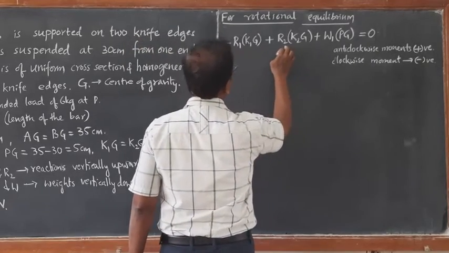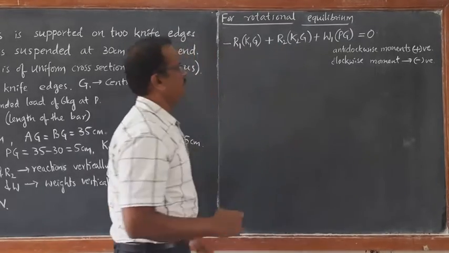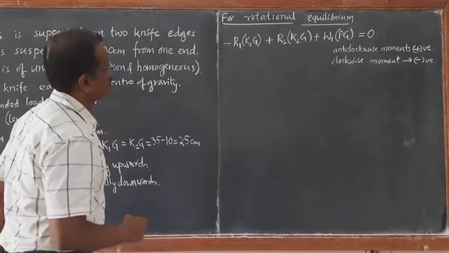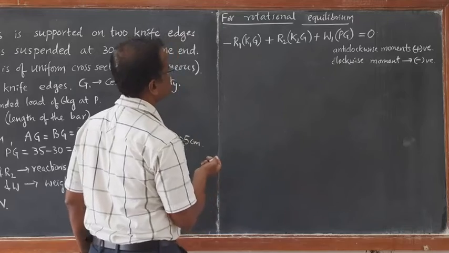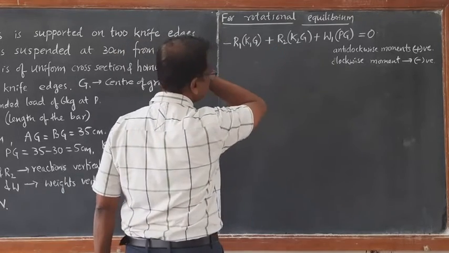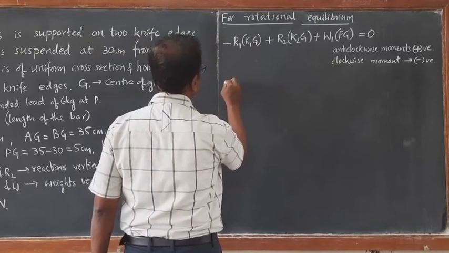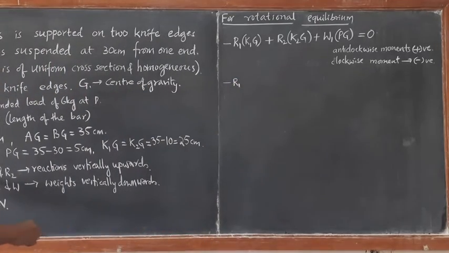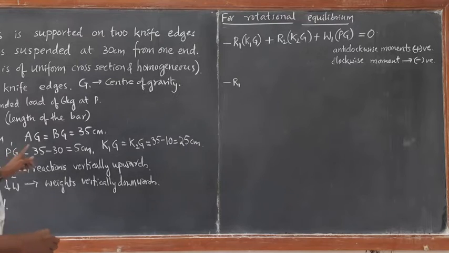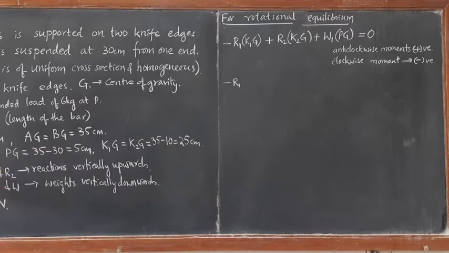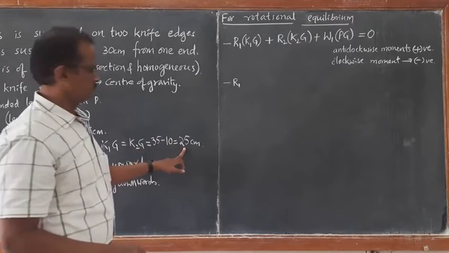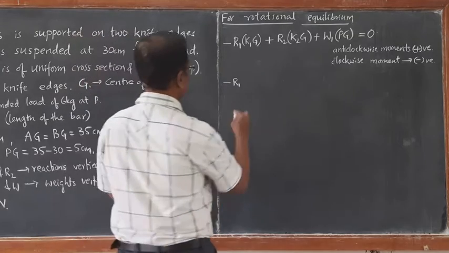Now K1G and K2G are equal. So substitute the values. We don't know the particular value of R1, and we don't know the value of R2. So we'll write minus R1 into K1G. K1G equal to K2G equal to 25 centimeters.